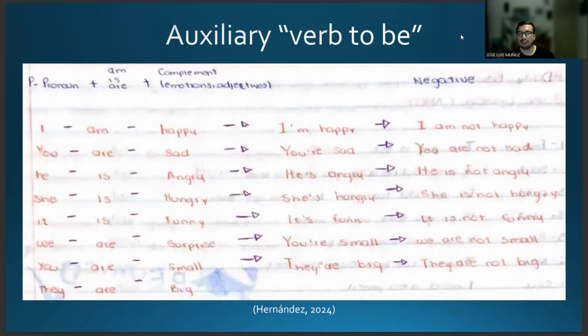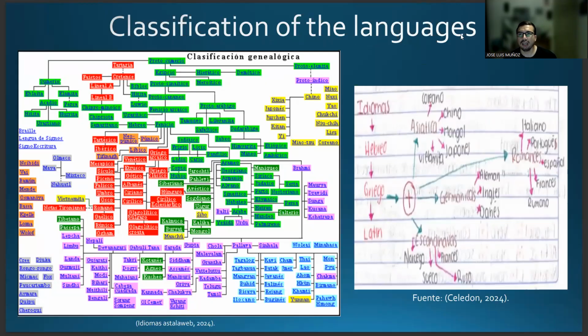You are small, you're small. And you could change it to negative form. For example, you add not. I am not happy. You are not sad. He is not angry. She is not hungry. It is not funny. We are not small. They are not big. Okay?